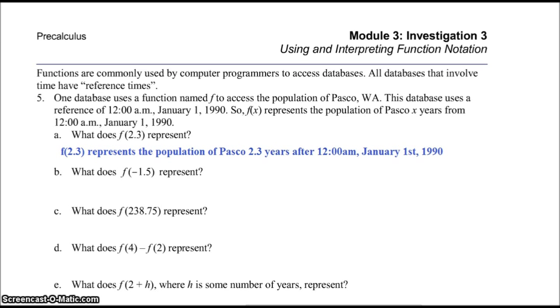Well, that would be the population of Pasco negative 1.5 years from 12 a.m. January 1st, 1990. So the negative here with the time just means it's 1.5 years before 12 a.m. January 1st, 1990.